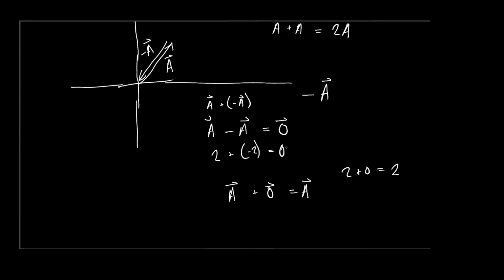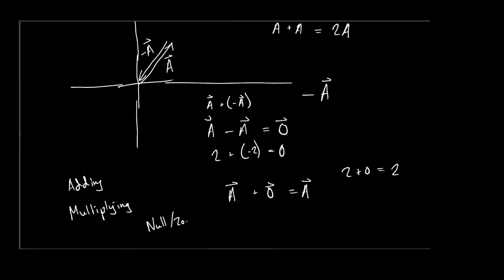So, what things do we know now? We know that adding vectors is possible. We know that multiplying vectors is possible. And we know about the null vector, or the 0.